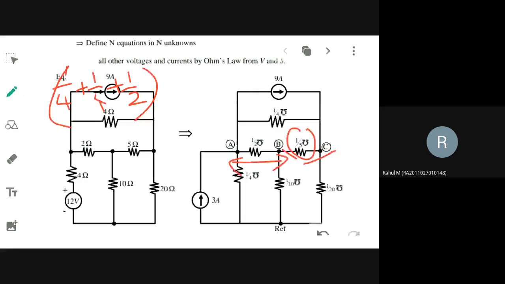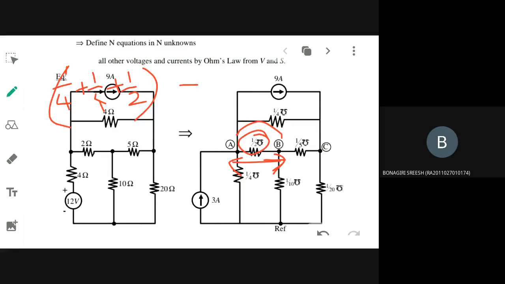Okay. So between A and B, what is the common value connected? 1 by 2. 1 by 10, madam. Where is 10? 1 by 2.